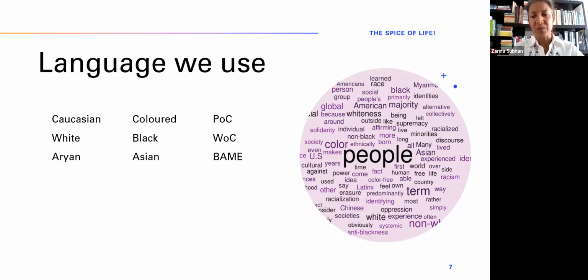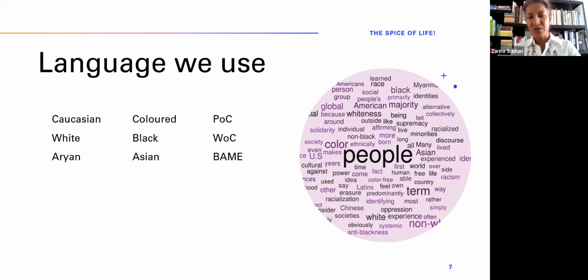And that brings us on to the idea of privilege. By having just one term to describe a whole group of people, whether they're European descent or Australian or white South African, doesn't matter.